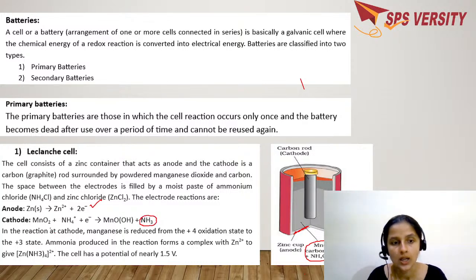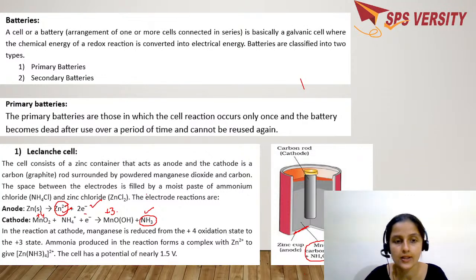The oxidation state of manganese here is +4, which reduces to +3. The Zn2 plus formed by oxidation of the zinc cup, which is present as anode, reacts with NH3 and forms a complex. This cell has a potential of 1.5 volt.